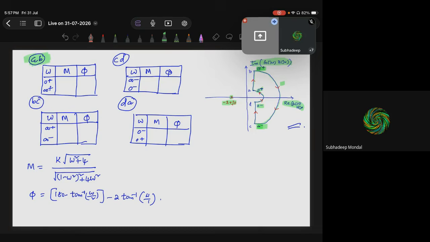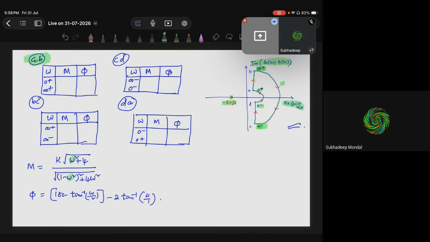First, omega is equal to 0 plus. Tell me the magnitude and phi. What are the values? What is the magnitude when omega is equal to 0? So this would become 0, this would become 0, this would become 0.